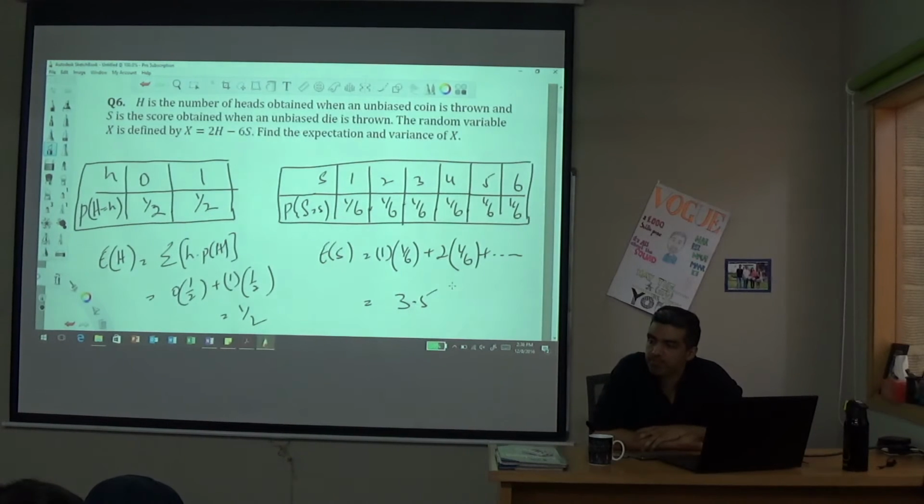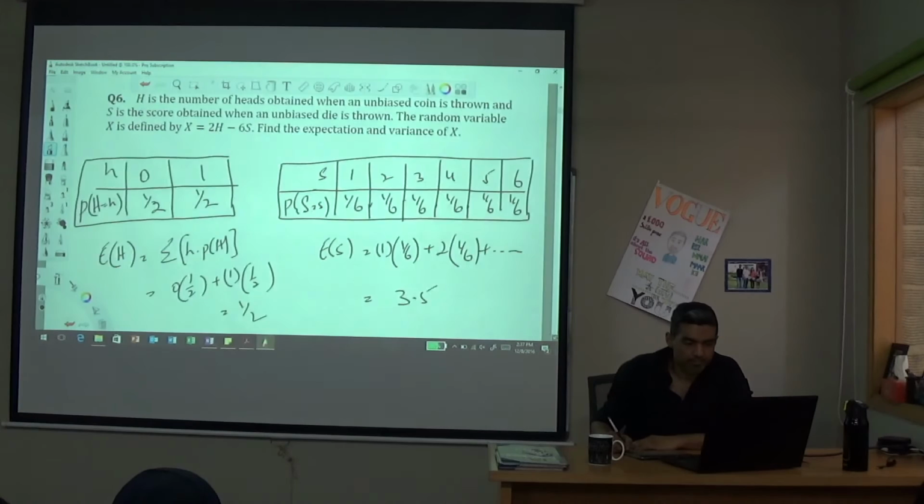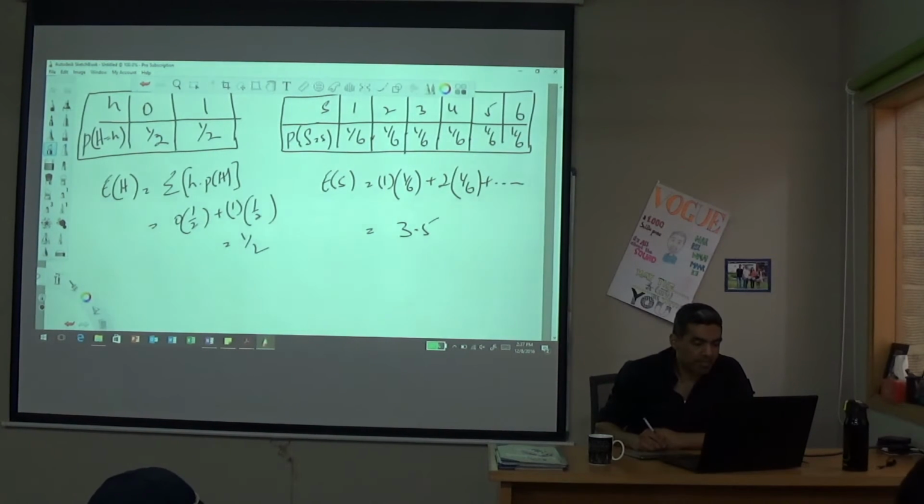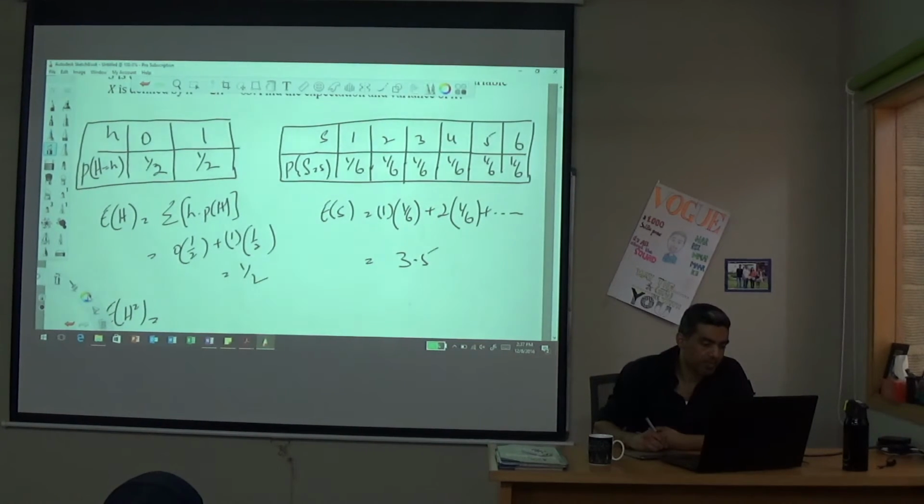Similarly, can we calculate the variance as well? For the variance, we need to first get E of h square, which is the same in this case, because h square is also 0 and 1.